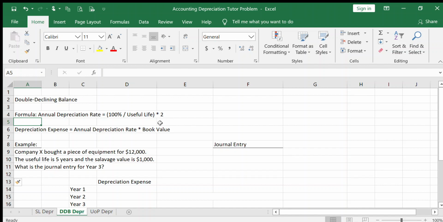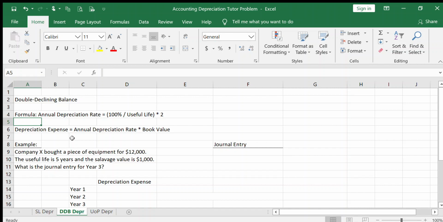Once we've figured that out, we find our depreciation expense by multiplying that annual depreciation rate by the book value. So, for example, it could be 30% is our annual depreciation rate, multiplying that by our book value, which could be $10,000, and our depreciation expense for that period would be $3,000.